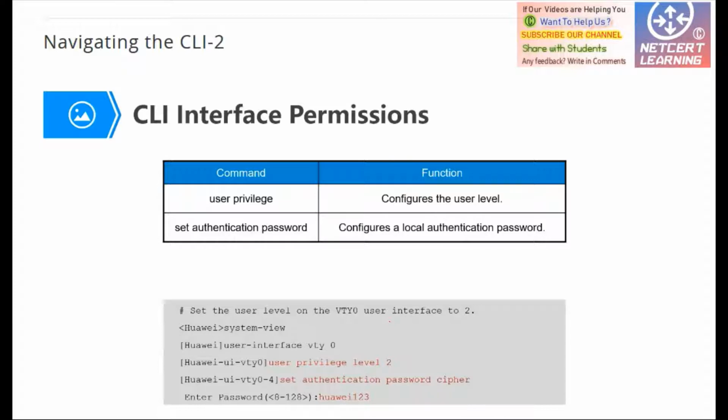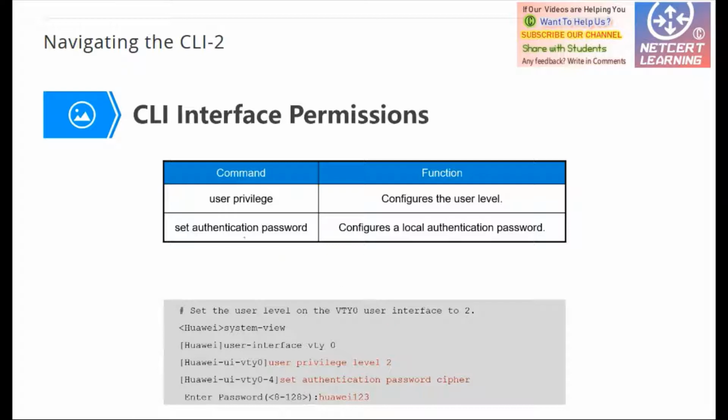By default, levels 3 to 15 have the same privilege, and 0 is the visit privilege, 1 is the monitor privilege, 2 is the configuration privilege, and 3 is the management privilege. This is the user privilege.